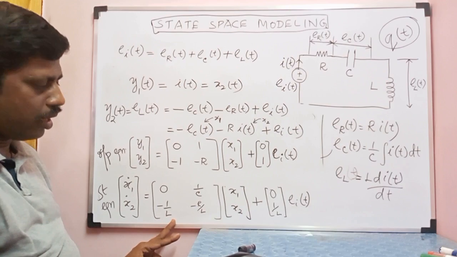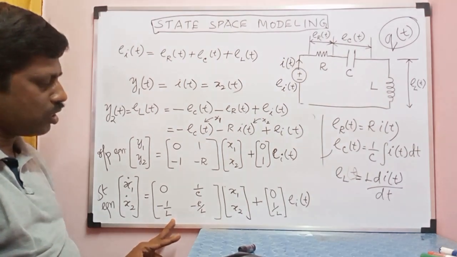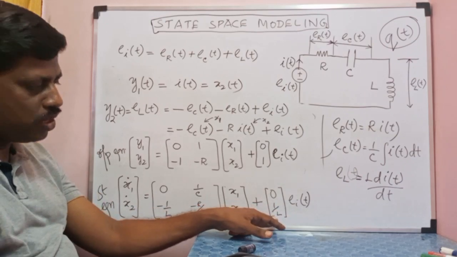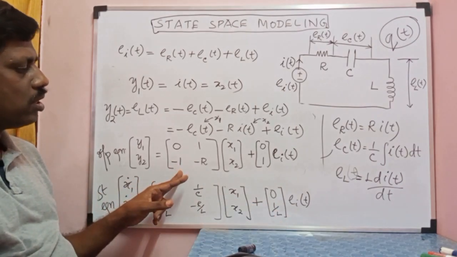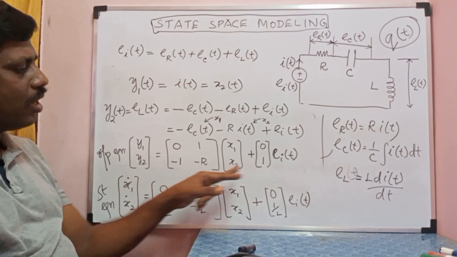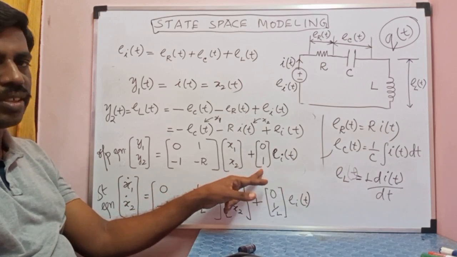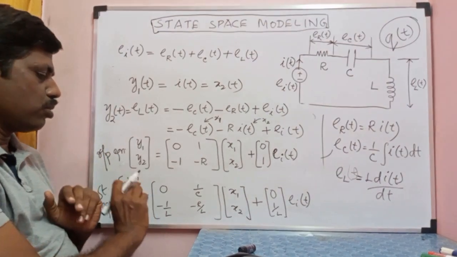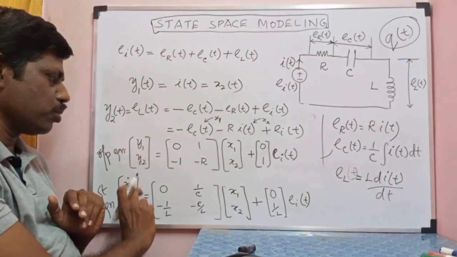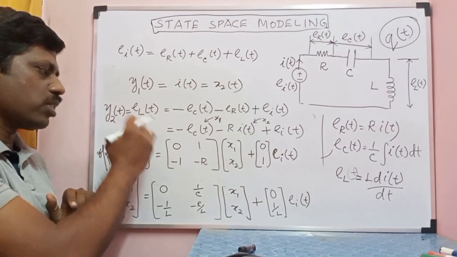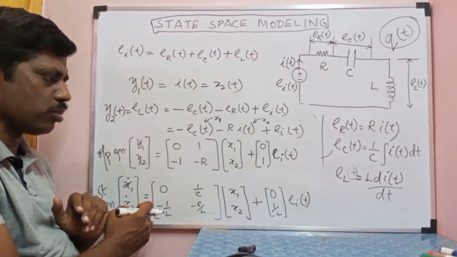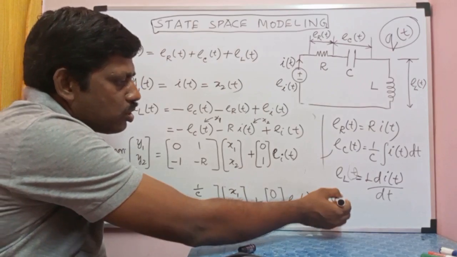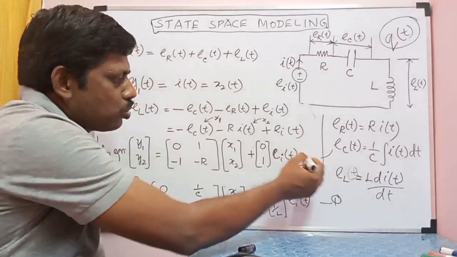So this is matrix A, the state matrix, this is the input matrix B, this is the output matrix C, and this is the feed forward matrix D. Again, the state equation has to be written first and the output equation next. Let me say this is 1 and this is 2.